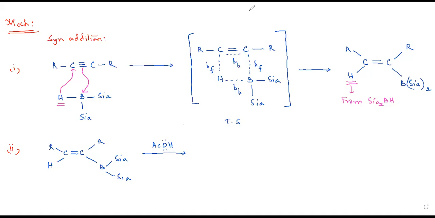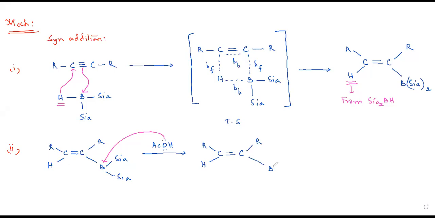Okay. Boron is a Lewis acid, and you are giving it a pair of electrons. You know what Ac is? It is acetyl. So now you get RCH double bond CR, right?